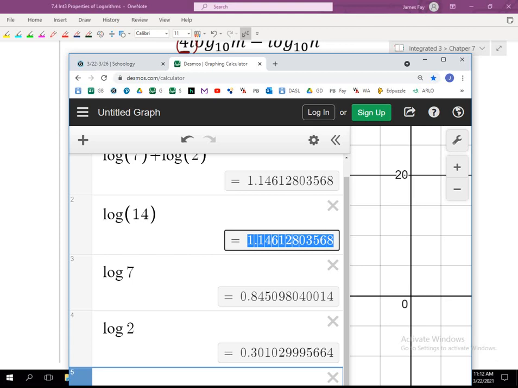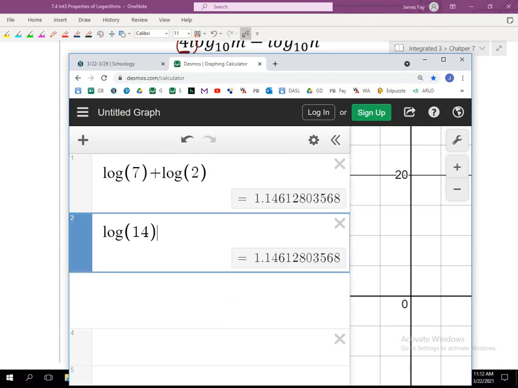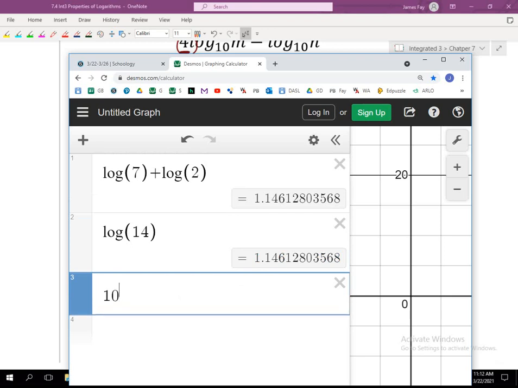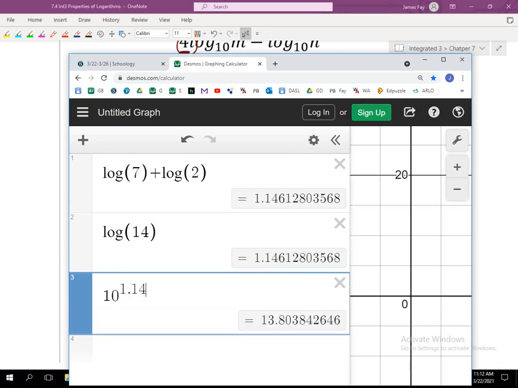That's what a logarithm is, so let's try that. If I go 10 raised to the 1.14612803568, do I get 14? The only reason it's not 100% 14 is because that number is rounded.